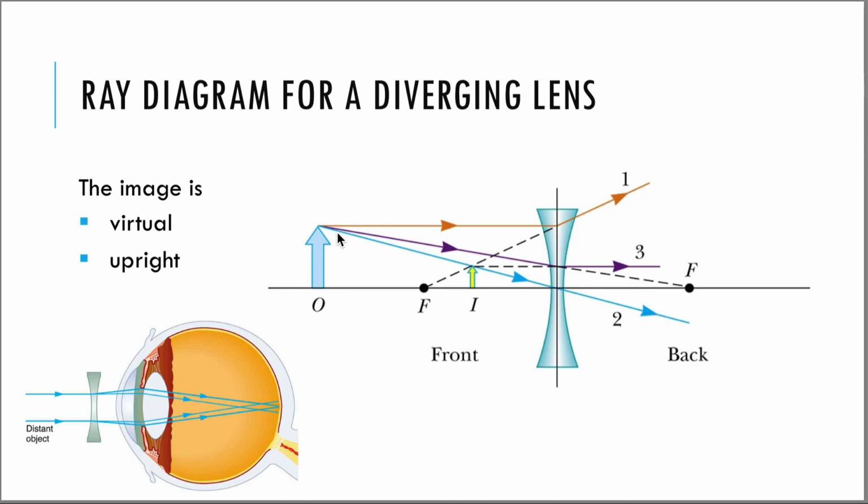A good application of this is corrective lenses, like contact lenses, so that you can see better, so that things aren't blurry. What this picture is showing here is the ray on the bottom. The straight ray is what the light would look like if you didn't have a lens in front of your eye.